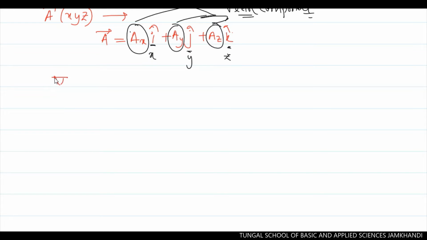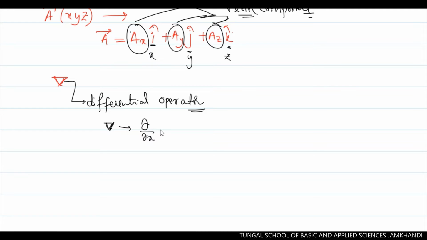It is a differential operator in vector form, which we defined as del equals dou by dou x of i cap plus dou by dou y of j cap plus dou by dou z of k cap.